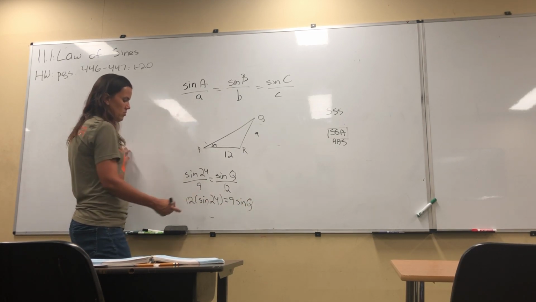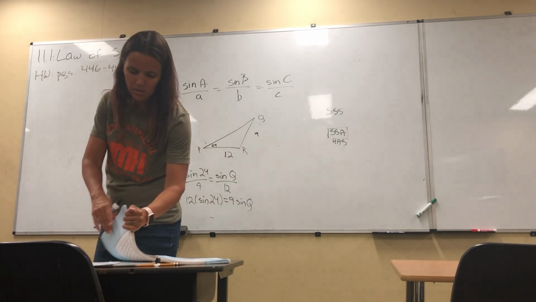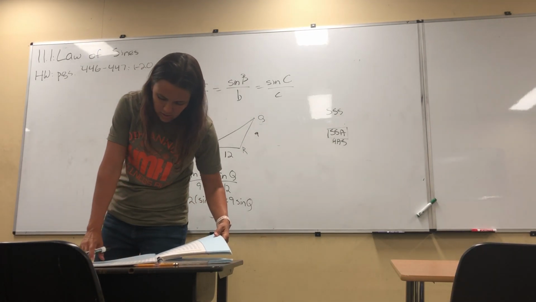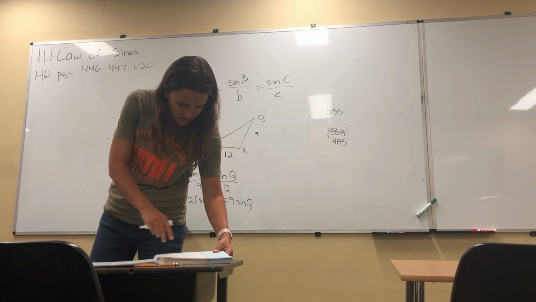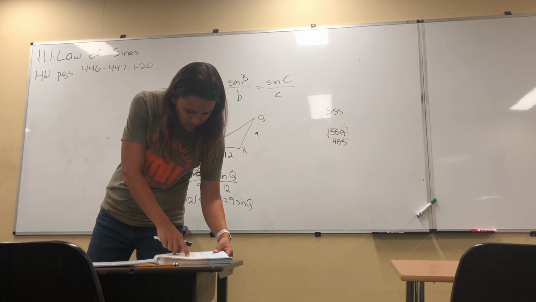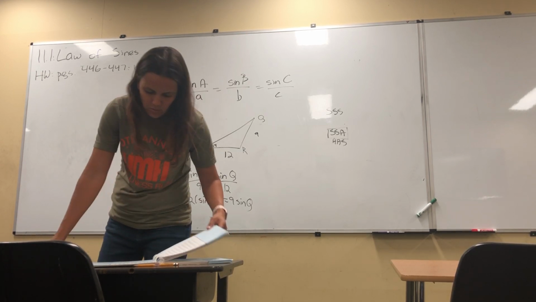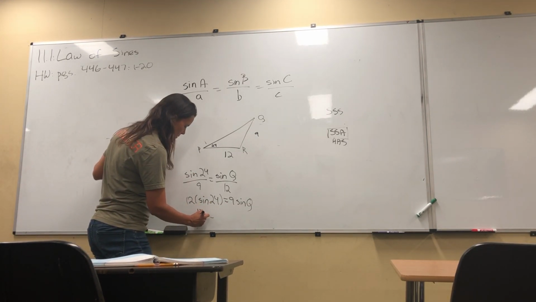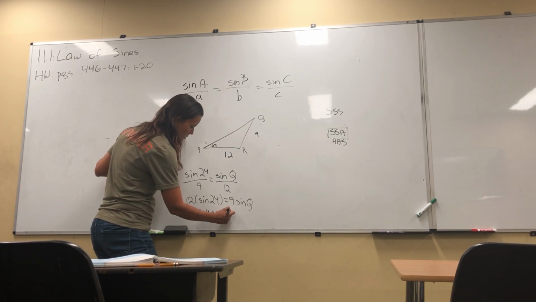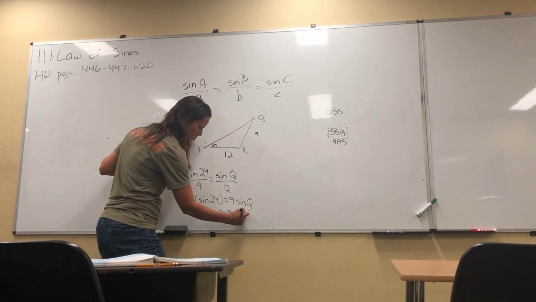So the first thing we can do is figure out the sine of 24. Come back to our little table here, and you got to go to the bottom of page 614. It's 0.4067. So what did we do?